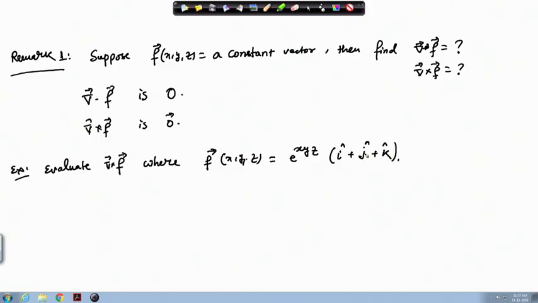So, here we have to calculate the curl of f. Let us go to the solution.